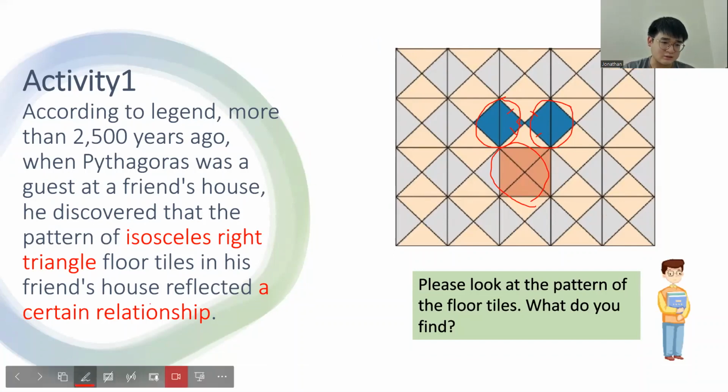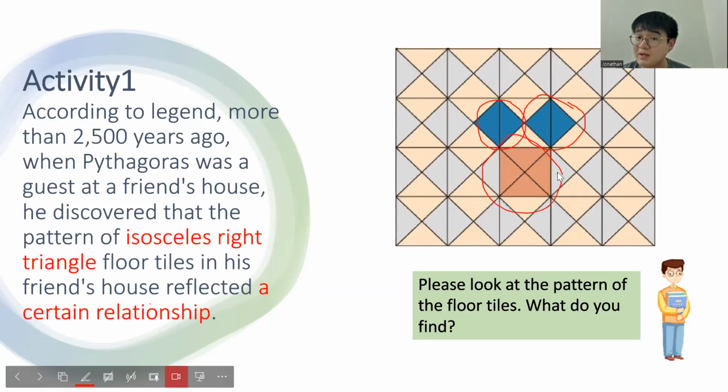Let me erase these annotations first. Two isosceles right triangles on the top left here, plus two isosceles right triangles on the top right here, equal four isosceles right triangles on the bottom here.